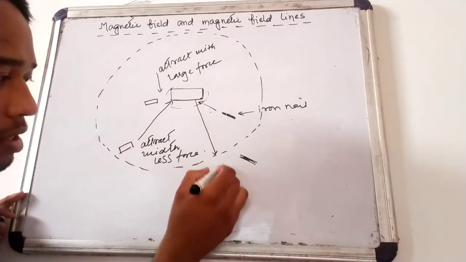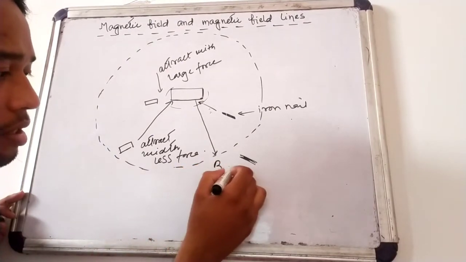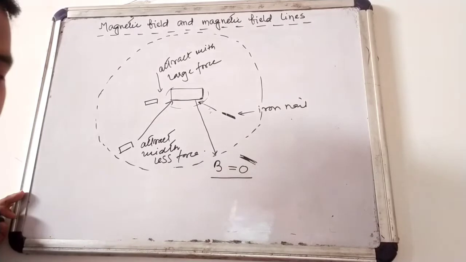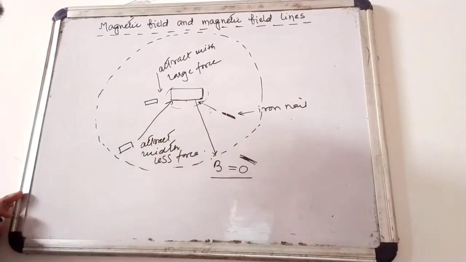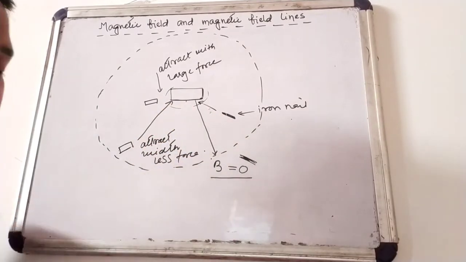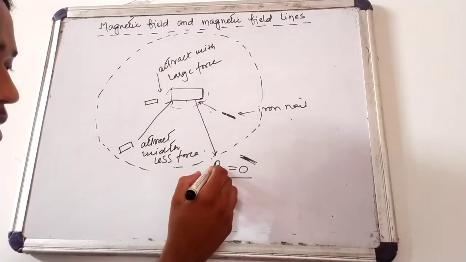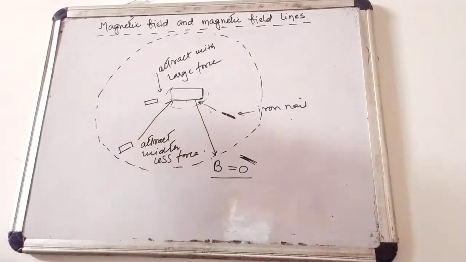After this point the magnetic field becomes equal to 0. From the magnet to this point the magnetic field decreases gradually, and after that it becomes 0. Magnetic field is basically represented by capital B. So this is about magnetic field.